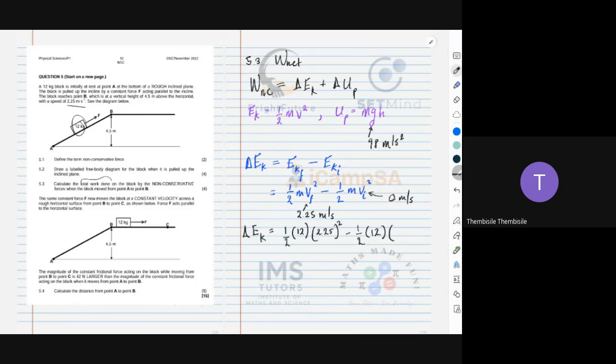At point A, it was 0. So it's going to be 0 here. Okay? So you've got your change in kinetic energy here. Can someone please punch in the calculator? And then we see what the answer is here.